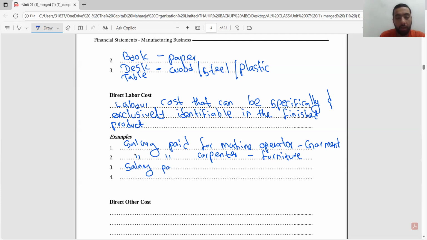Salary paid for software developer in a software company. That is a direct cost.